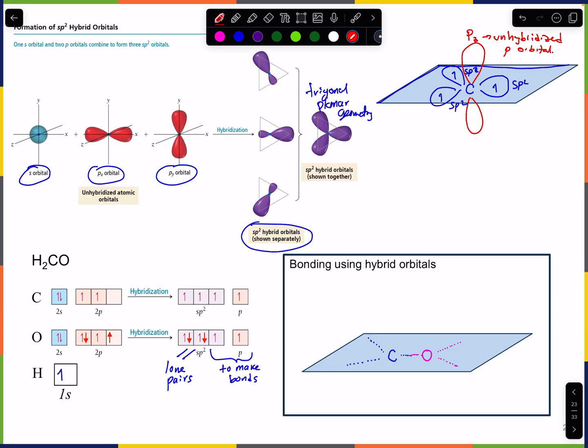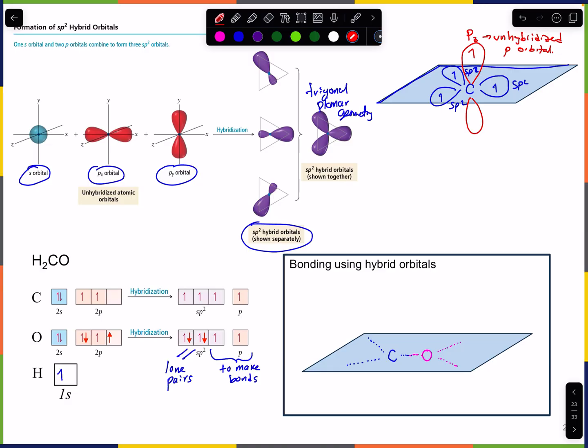And that orbital is also going to have one electron available for making bonds. So in total, the carbon atom still has 4 electrons available to make bonds, just that they are configured in a different way than, let's say, the sp3 hybridization scheme, right?